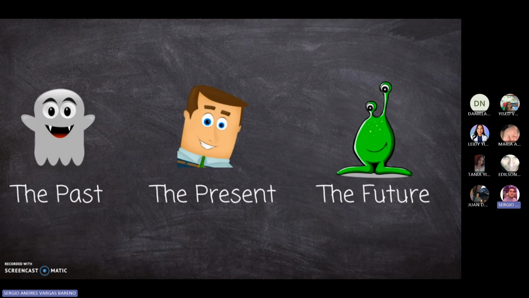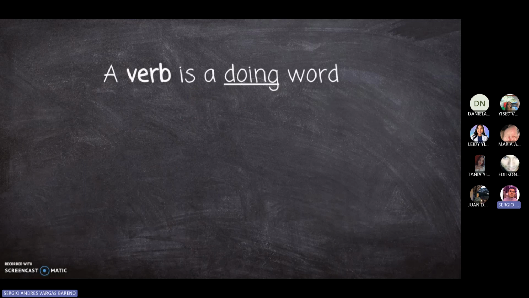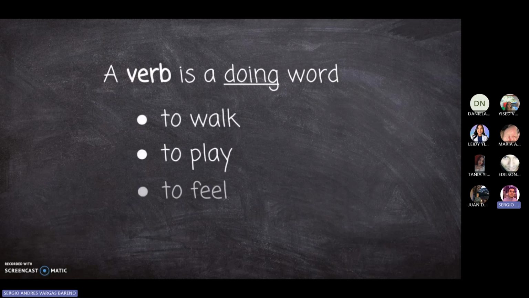After all, the present, the past, and the future are very helpful when you need to create a text with a clear message. The present, the past, and the future all work with verbs. As you know, verbs are doing words, such as to walk, to play, and to feel. Listen as they tell you about themselves.